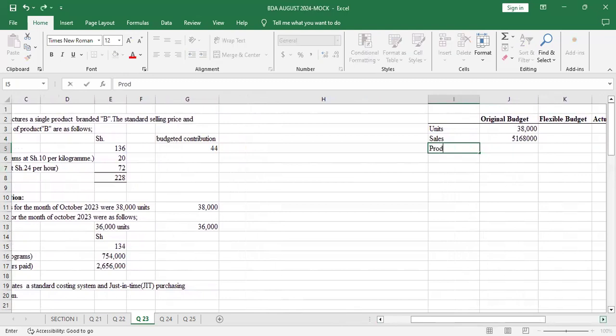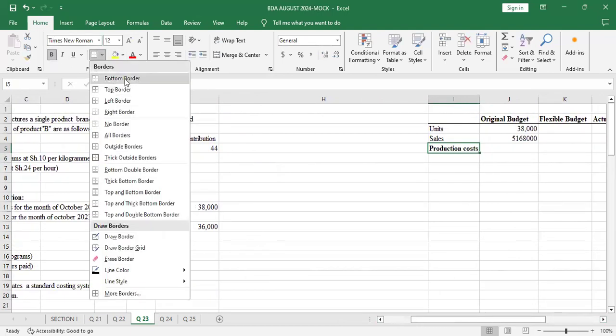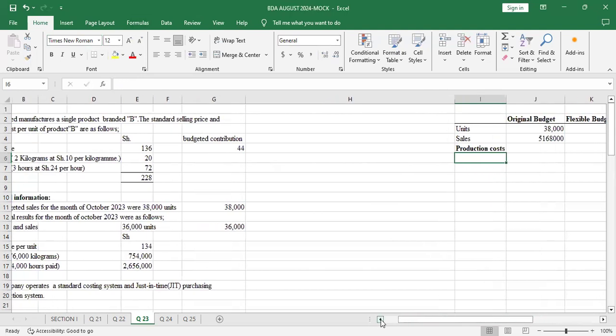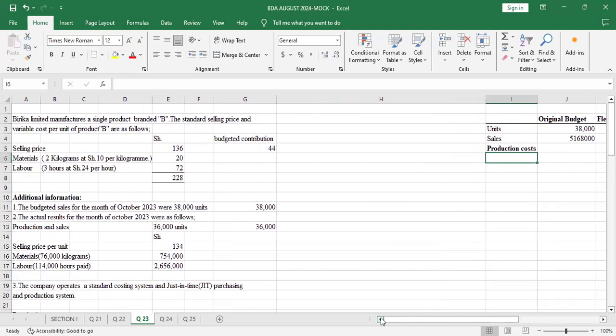Allow me to bold it, and I'll create the bottom border. I'll start with the first item, and that was materials.